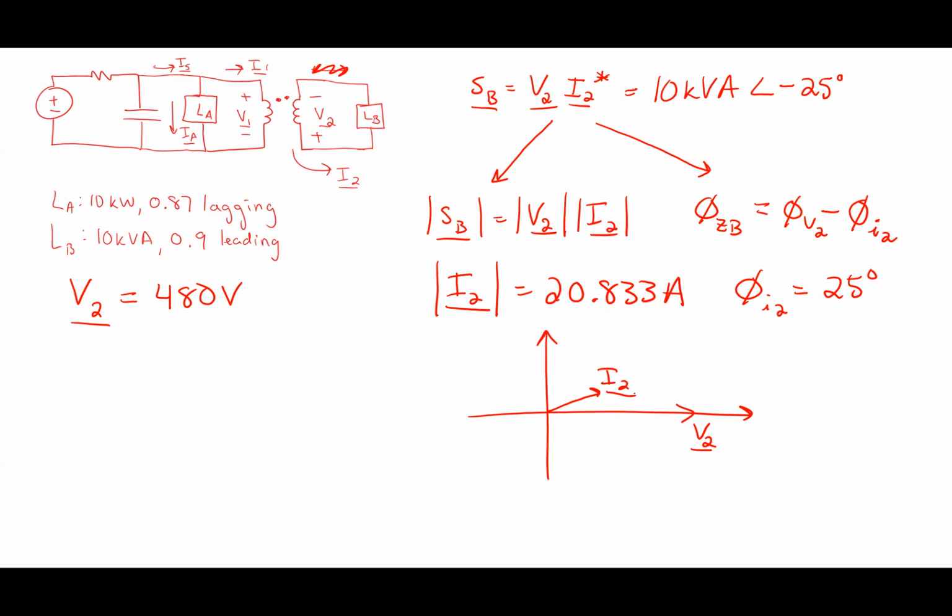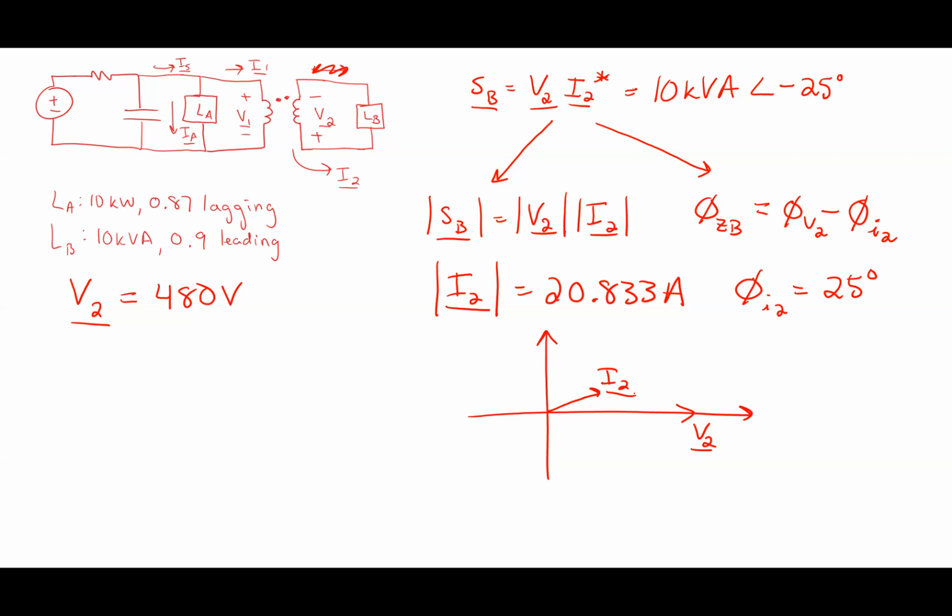He's more positive. Remember, the positive direction is always counterclockwise. Going from 0 to 25 degrees, I went more positive, so he's leading. That's the way we use that terminology. It means that in the time domain, the current's peak would happen before the voltage's peak. Questions about that?